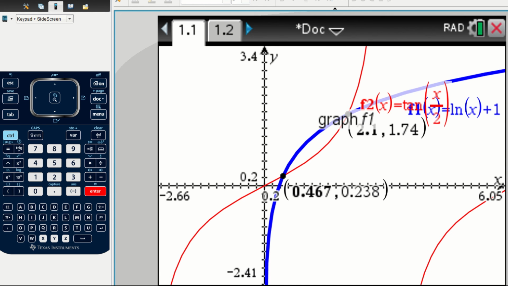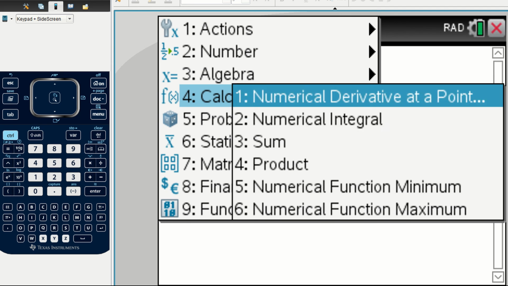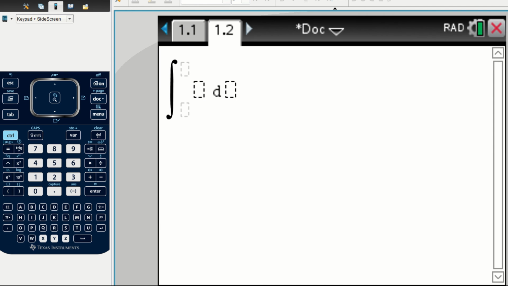Another note, we have the blue function, which is ln x on top. So let's get going. So we have menu, calculus, numerical integral from a to b. I hope this works. What was on top again? ln function.